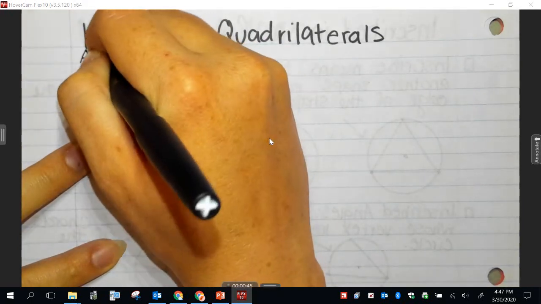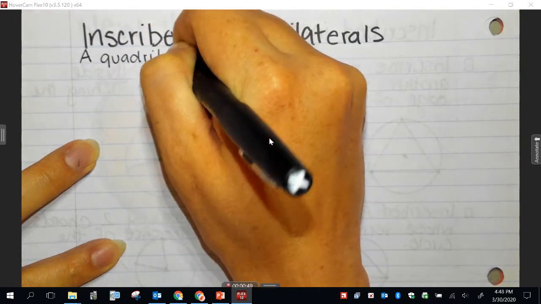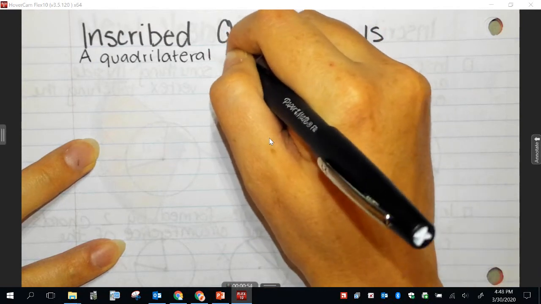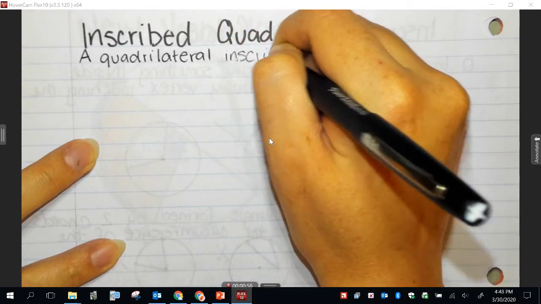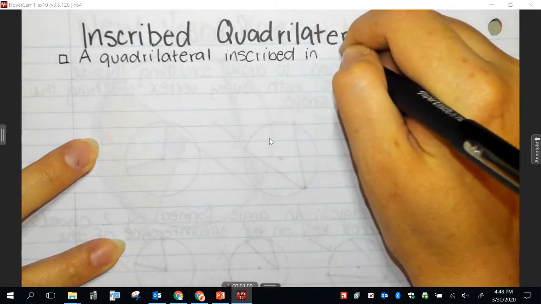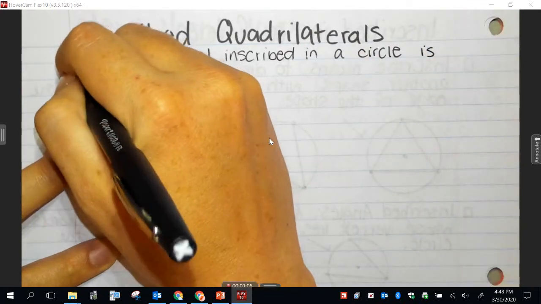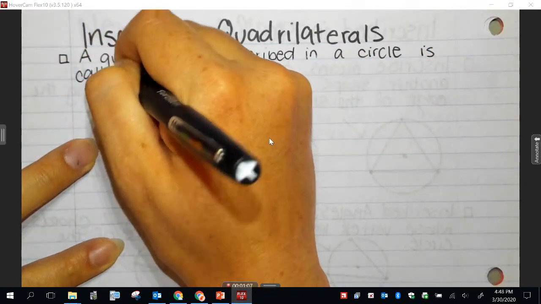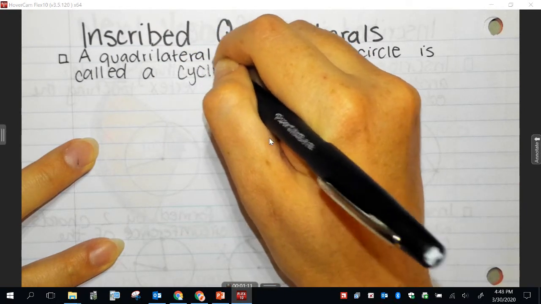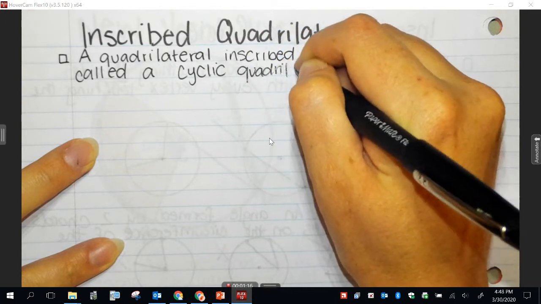So a quadrilateral inscribed, let's put a little box here, in a circle is called a cyclic quadrilateral.